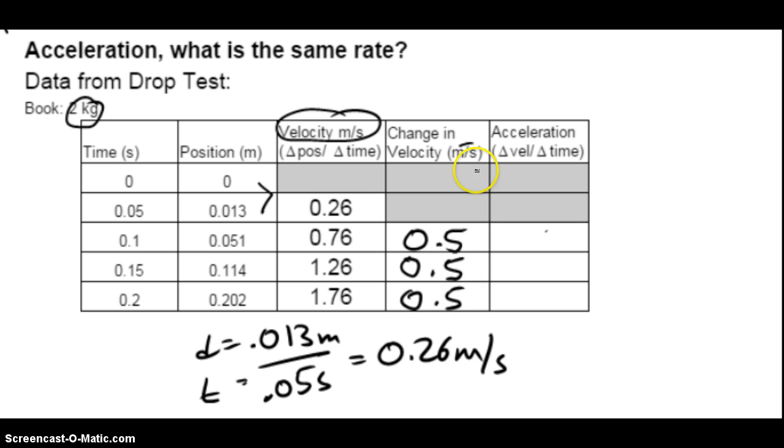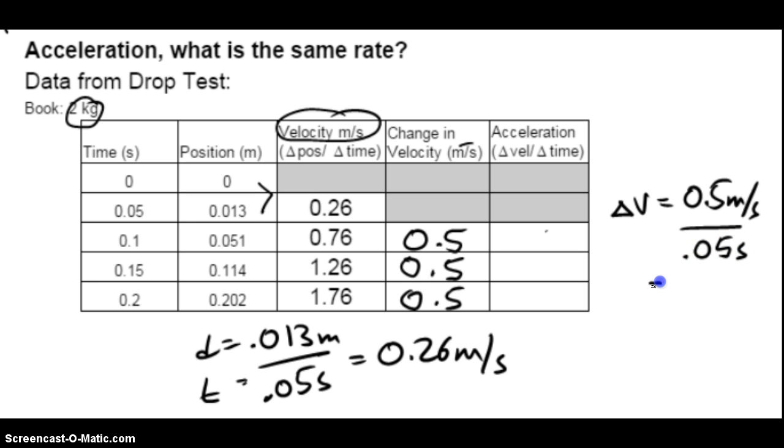Now to figure out the acceleration, we'll take our change in velocity and we're going to divide it by our change in time. Let me just kind of work over to the side here. We know our change of velocity is 0.5 meters per second. My change in time from one incident to the next is 0.05 seconds.